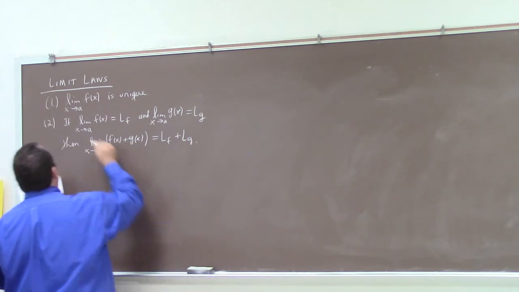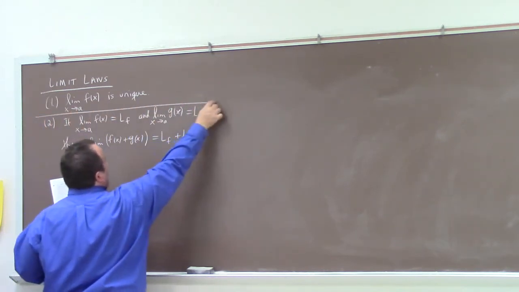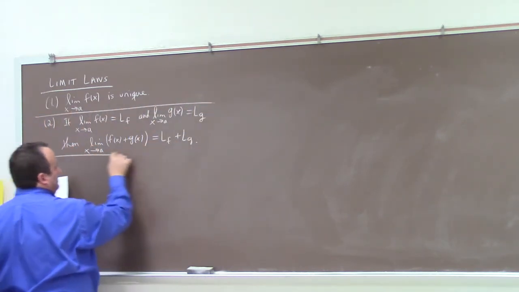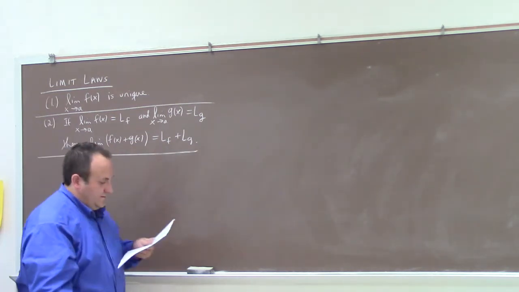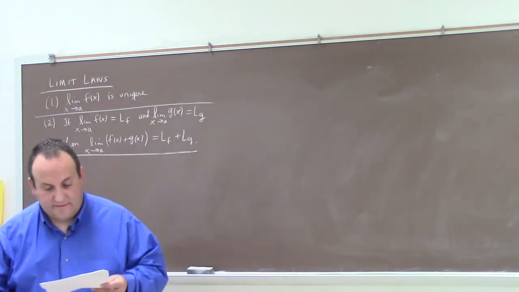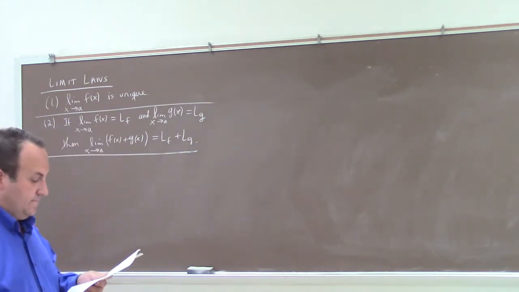So in other words, what number two says is that the limit of a sum is the sum of the limits, provided that they both exist.